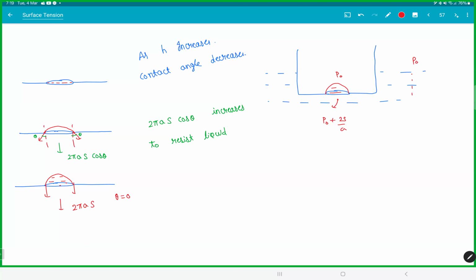Here if it is P naught, here the pressure is P naught plus rho g h. And these two should be equal. The same thing I told you just now. So we get h is equal to 2s by rho g a. If you actually see, this is the meniscus formula, isn't it, where the contact angle theta is 0. So this formula is the same as the height of the capillary.